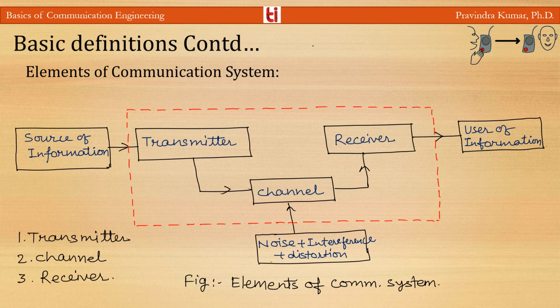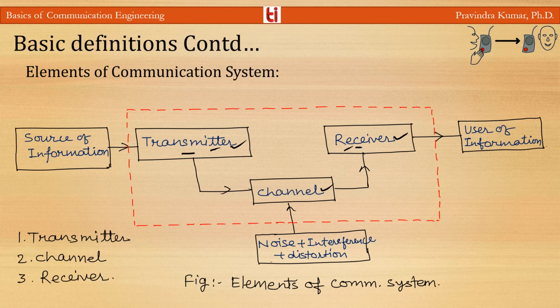The transmitter is located at one point in space. The receiver is located at some other point separated from the transmitter, and the channel is the physical medium that connects the transmitter and receiver.